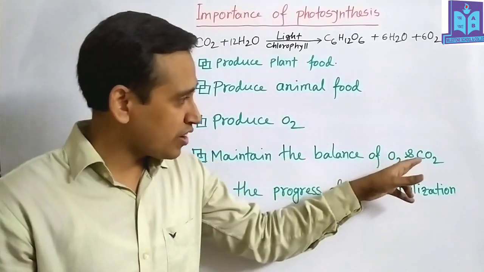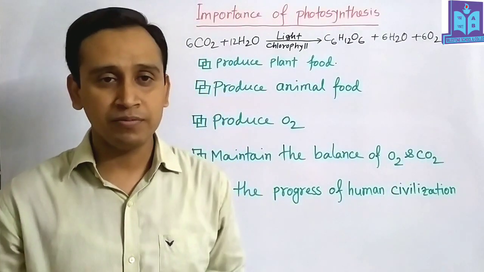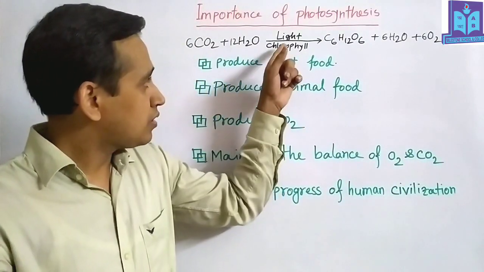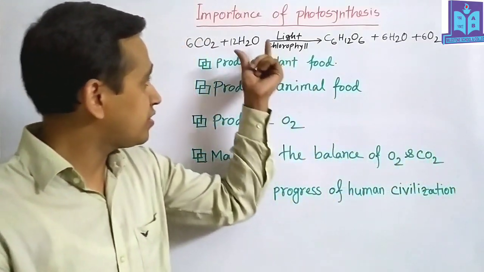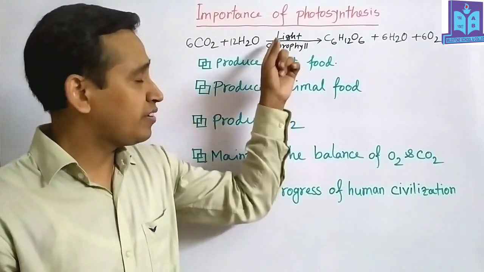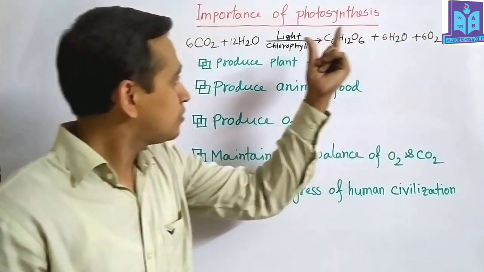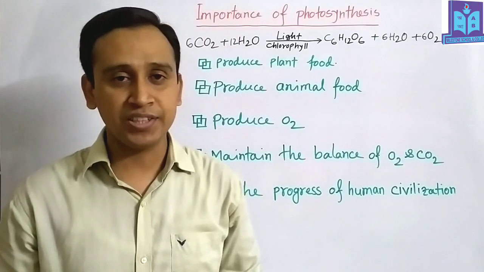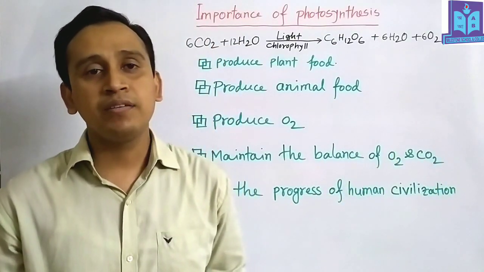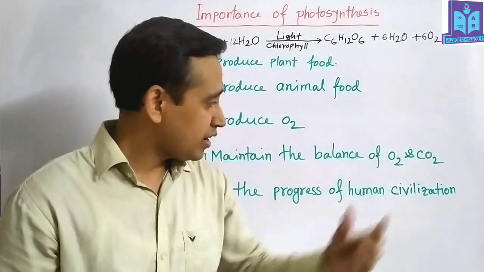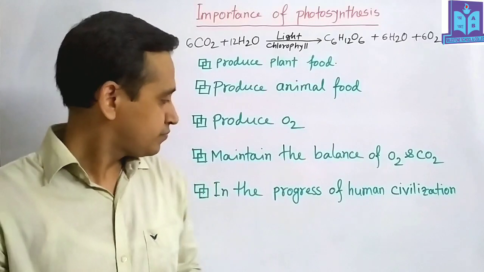Through the respiration process, carbon dioxide is released into the atmosphere, and in the photosynthesis reaction, this carbon dioxide is taken for the reaction and oxygen is released. That's why the balance of carbon dioxide and oxygen is maintained through the photosynthesis reaction.